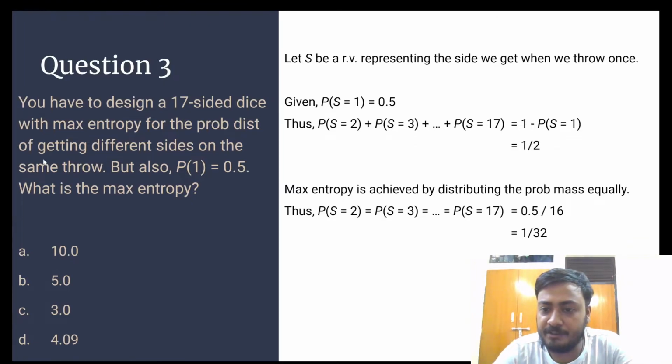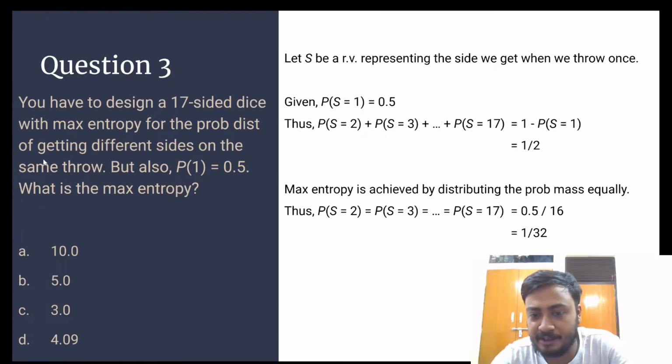So we have to distribute the probability mass equally among all the sides. If the constraint P1 equal to 0.5 was not given, we would have distributed the entire probability mass, which is 1, among all the 17 sides, so everyone would have had a probability of 1 by 17. But because of this constraint, and since all the other ones sum up to 0.5, each one will be 0.5 divided by 16.